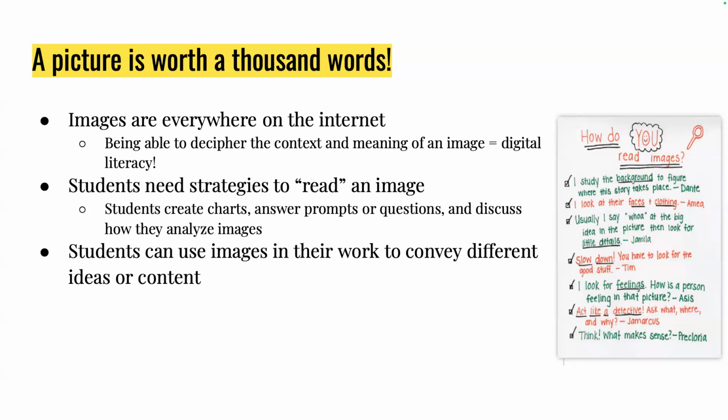Maybe the faces and clothing tell you about a time period in a history class or the trends that were present then. They look for little details, slowing down and analyzing the good stuff. So students need strategies to read an image: answering prompts and questions on the image, and discussing as a group, whole group discussion on how they analyze images.